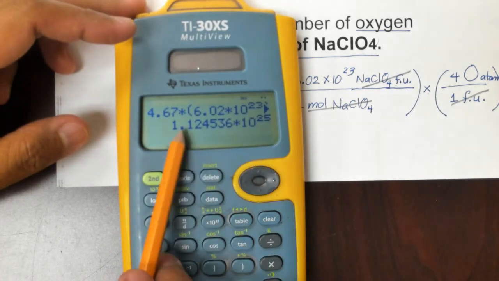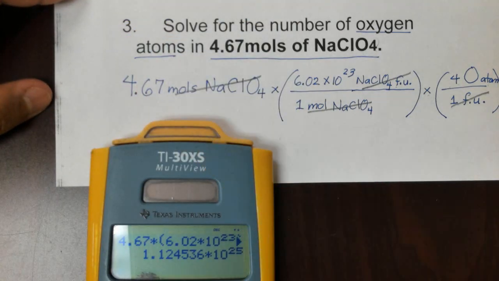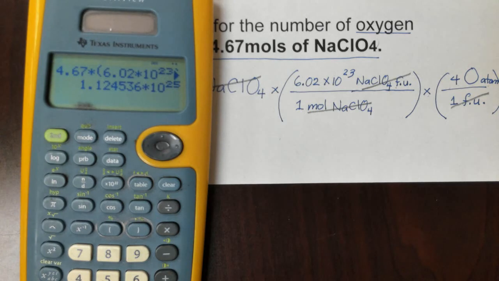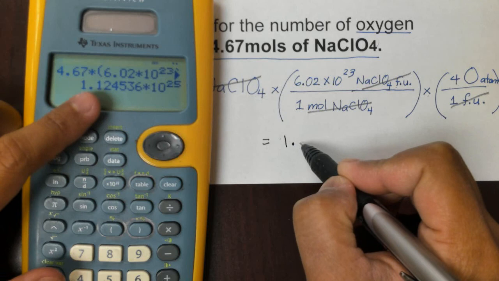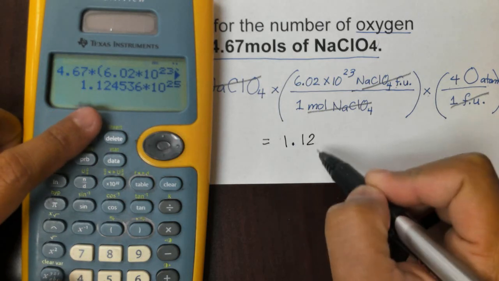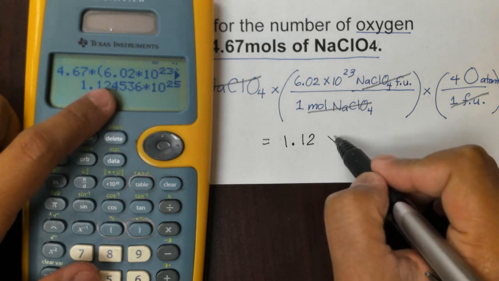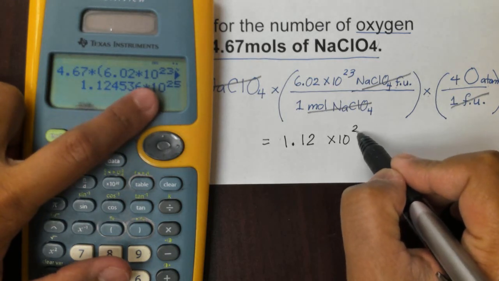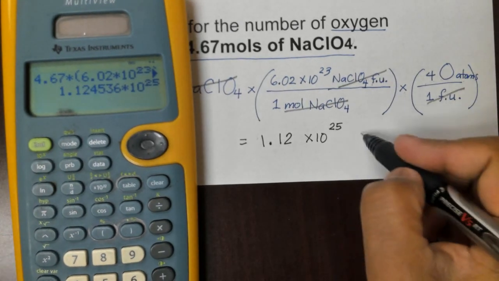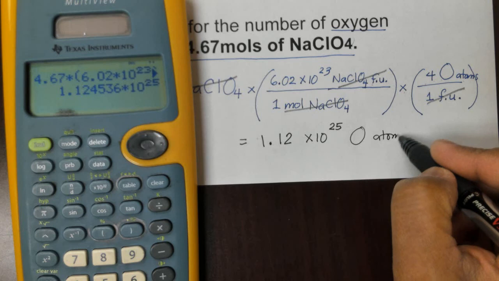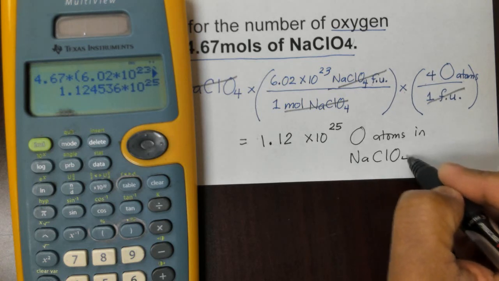You should get the whole thing here, but because there are 3 significant figures in the given, we're going to get the first 3 here. So the first 3 are 1.12. No need to round up because it's a 4 after the 2. So 1.12 times 10 to the power of 25. And the unit will be O atoms in NaClO4. Okay?